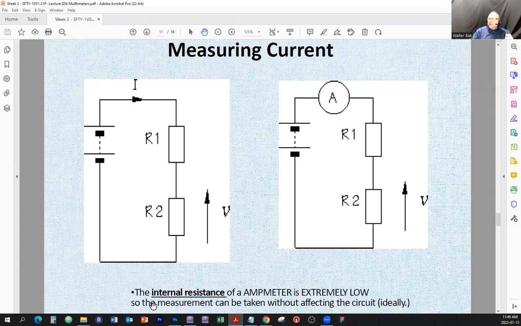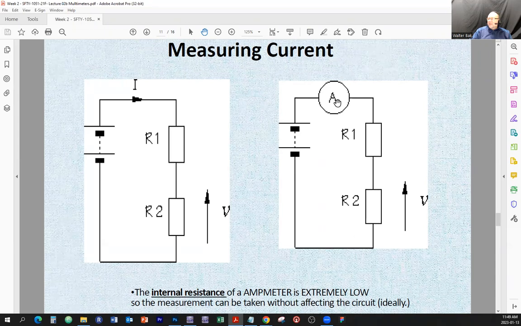Which brings me to the question of the internal resistance. The idea, again, of taking a measurement is to take the measurement but not affect the rest of the circuit or not affect the circuit's operation.